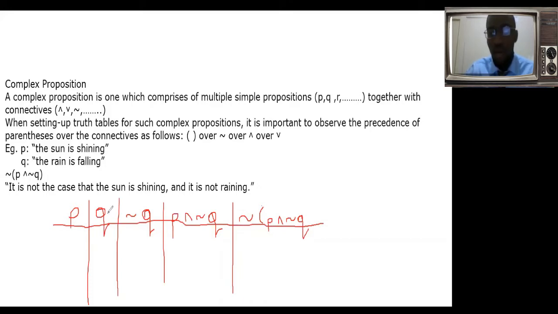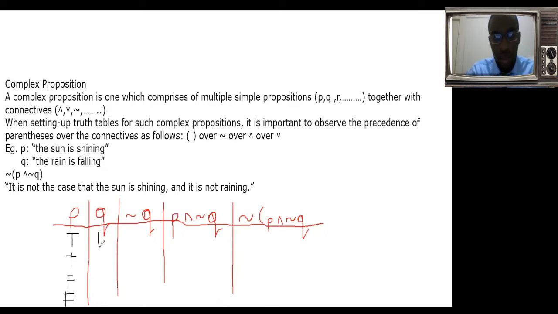Because we have 2 variables, P and Q, this is how you write down what should be inside P and Q. You write true, true, then you write false, false. Some people like to start with false, false, then true, true. So let's write that down: true, true, false, false. Then you split the number of truths that you have here.